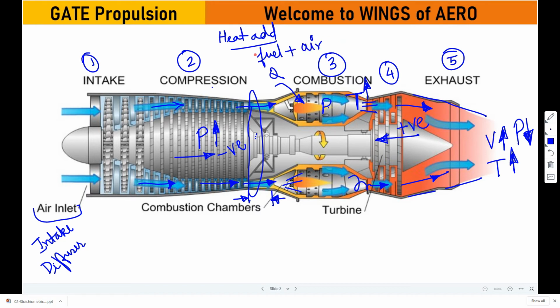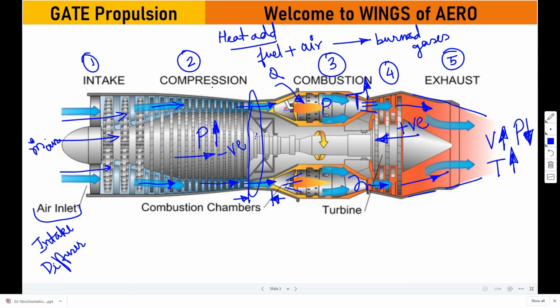When we are mixing the fuel and air, we get burned gases. We no longer say that it is air, we say gas. Whatever the mass flow rate, we always consider in terms of mass flow rate, of air entering or getting sucked into this gas turbine.